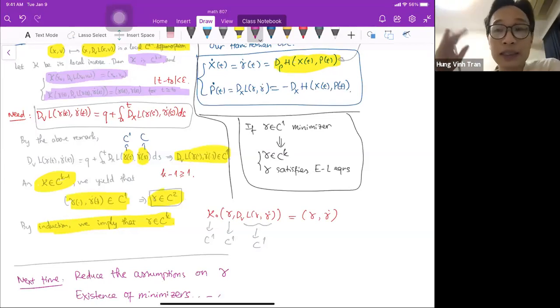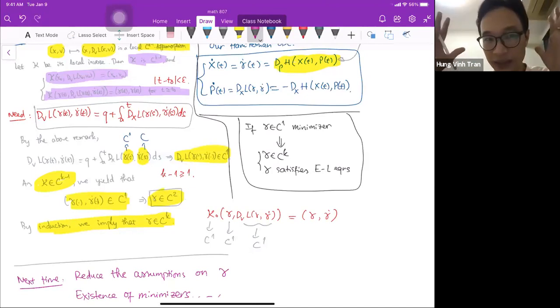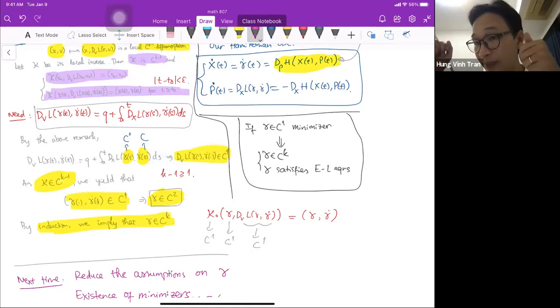But so far you can see that the flow is rather clear, right? The calculus of variations problem is very clear, and that's a very interesting problem to study. It's fundamental. We haven't touched the question of whether the problem has a minimizer or not, and we are not sure what the regularity of our minimizer is. Nevertheless, we have shown that if it's C2, then it satisfies the Euler-Lagrange equation.